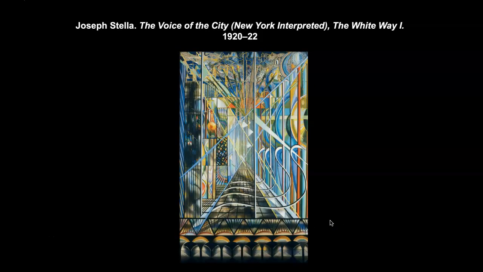This is the White Way. So this is detailing Broadway. So if you're going down Broadway and you're seeing all of these marquees on the side. So again, nothing too specific. It's almost we just have these various elements. It's like we're looking at a prism, and we just have the lights and colors all coming at you.